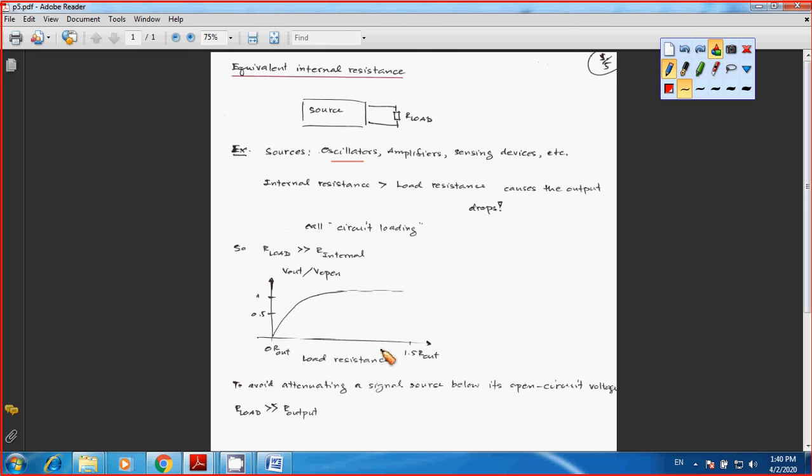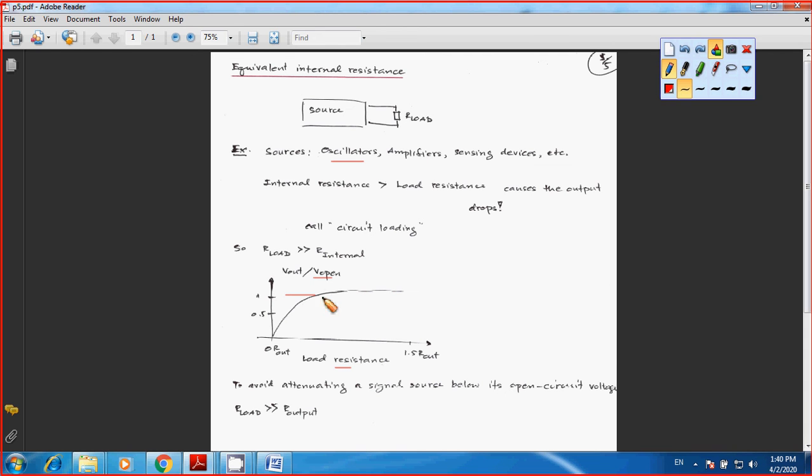On the x-axis, you have load resistance, and y is the ratio of your V out over V open. V open means you have no load attached to your supply voltage circuit.